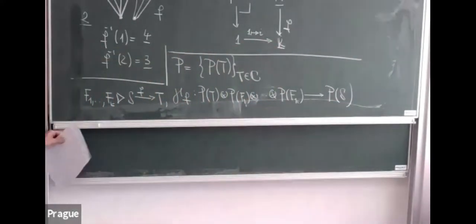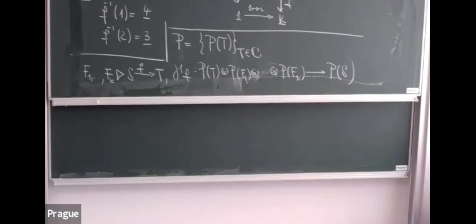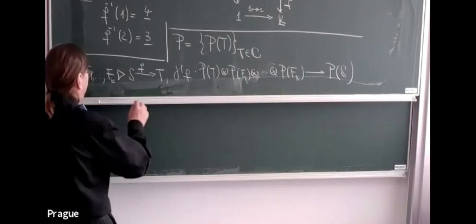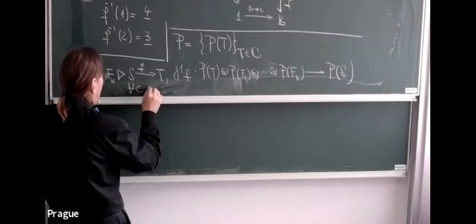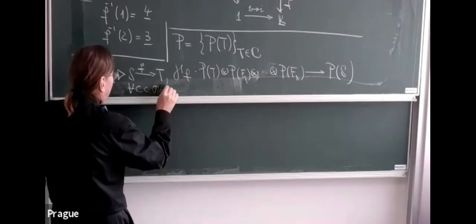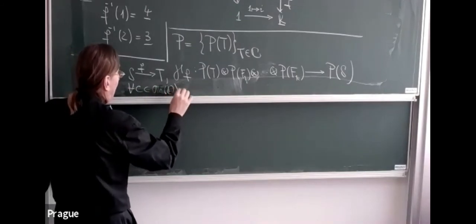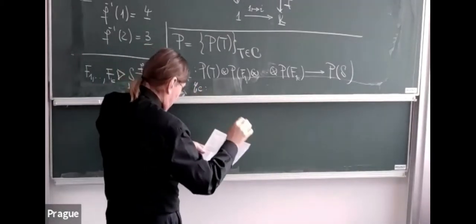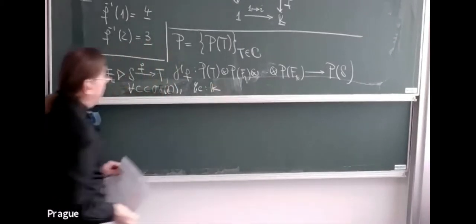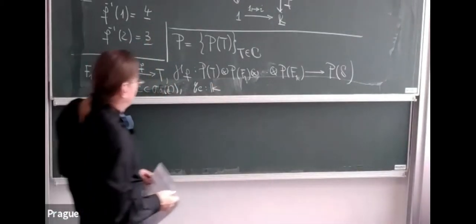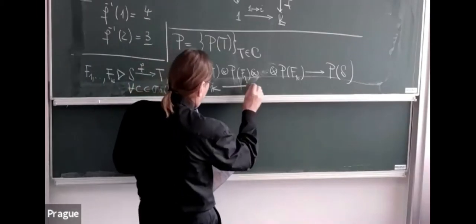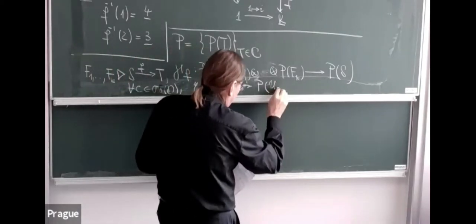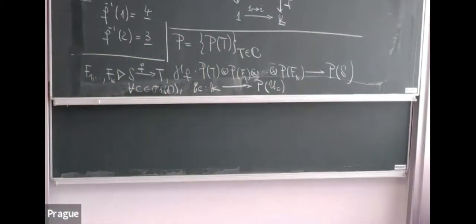I also have a unit, or if I wish to have units, I have a notion of unit, and the notion of unit requires that for any C, which is a connected component of O, I'm given a map eta C, which goes from the monoidal unit of V in general, and it goes to the value of P at the chosen representative of this connected component.